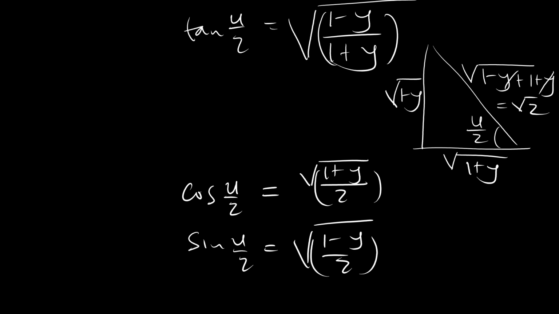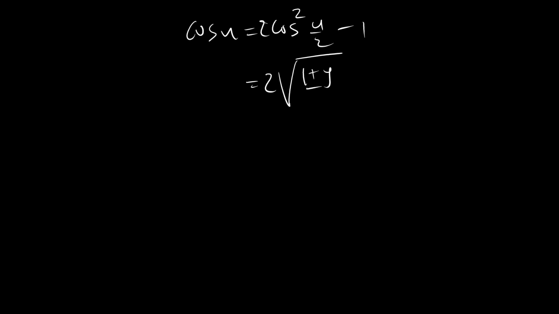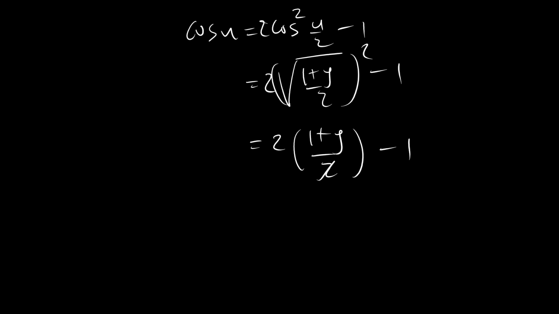And if we want to represent this as a cosine formulation, cosine of u is the same as twice cosine squared of u over 2 minus 1, which is 2 times the square root of (1 plus y) over 2, squared, minus 1, which is 2 times (1 plus y) over 2, minus 1, which is y.